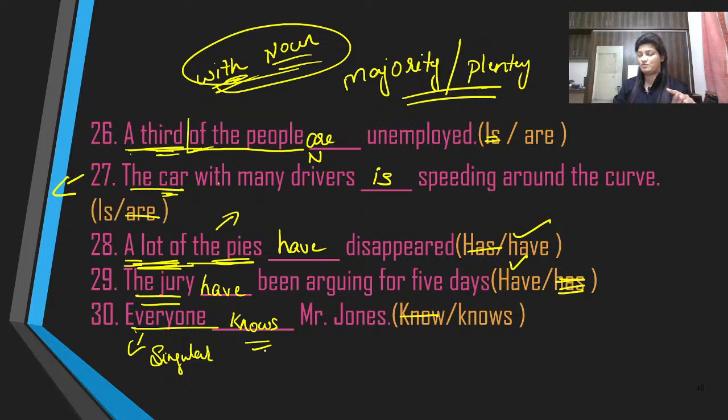This is not a plural pronoun. When you say everyone, it does not qualify as a plural subject. It qualifies as a singular indefinite pronoun. Other examples are someone, somebody, no one, or each.